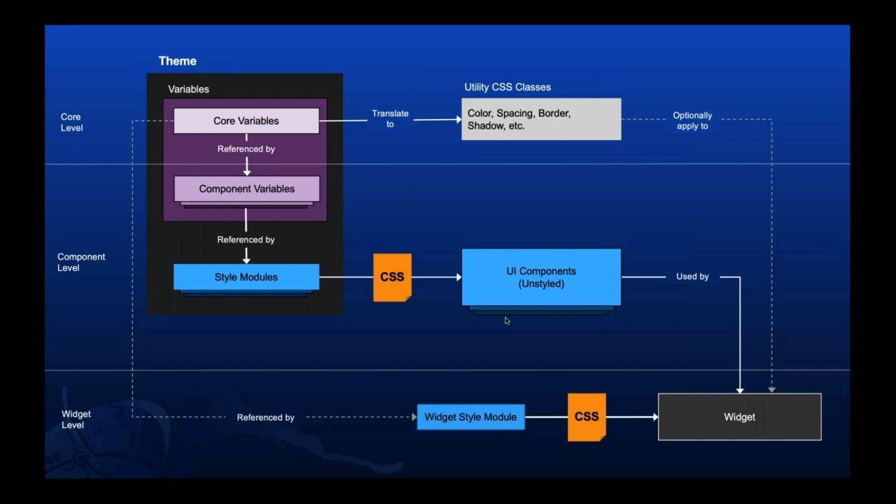These variables are then referenced by the component style modules to generate CSS files to be applied to the UI components, to make them go from unstyled components to styled components. And since all the widgets are using the UI components from the theme, this is how the theme can be applied to the apps.